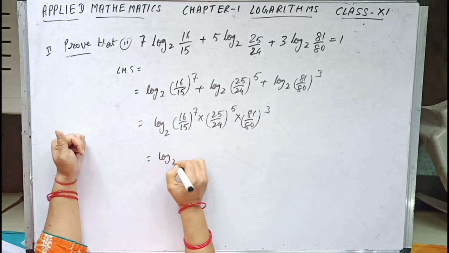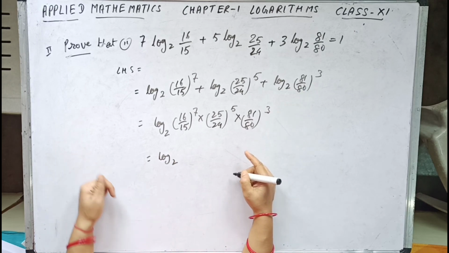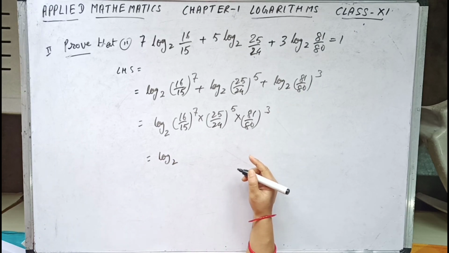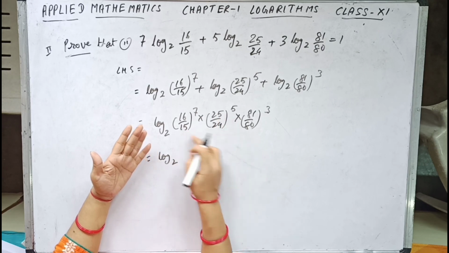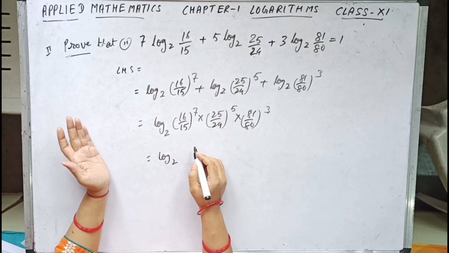What do we have to get? 1. So obviously we will get log of 2 over here. Log of 2 base 2 is 1. So after cancellation we will be getting over here 2.